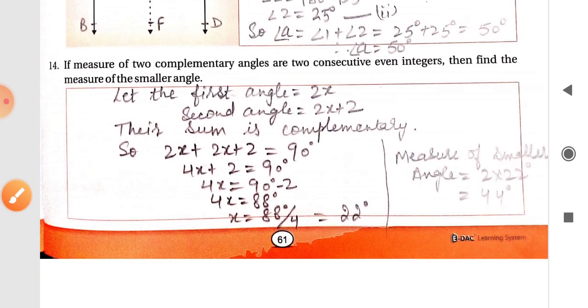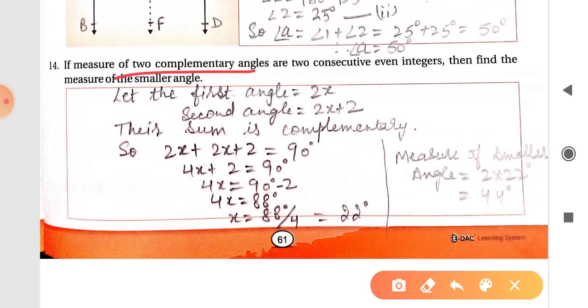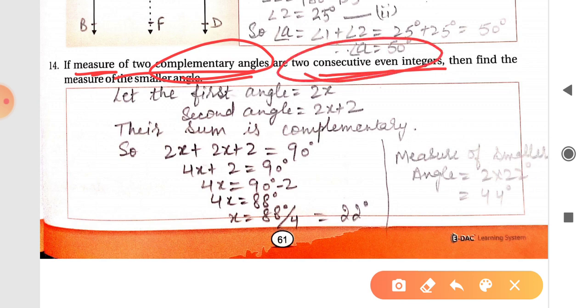Next is 14th question. If measure of two complementary angles are two consecutive even integers, we are given values of two complementary angles, and their values are two consecutive even integers. Consecutive means one after another, second after first, third after second.